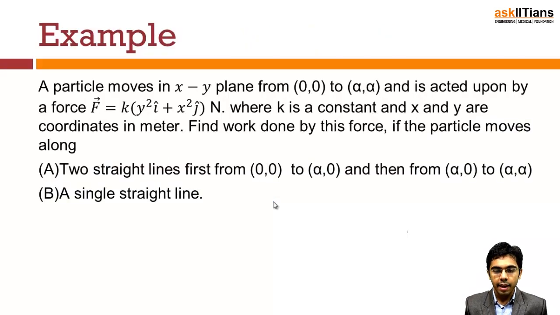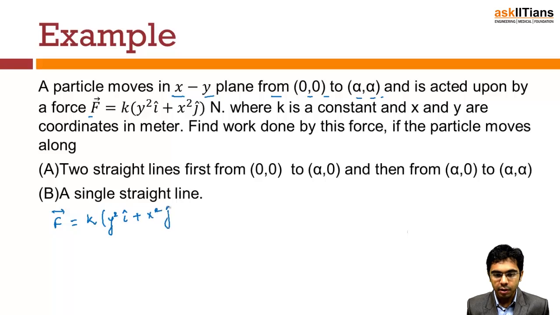Now let's look at an example. A particle in the xy plane, going from 0,0 to A,A, is acted upon by a force F = K(y² i cap + x² j cap) newtons, where K is a constant and x and y are the coordinates in meters.